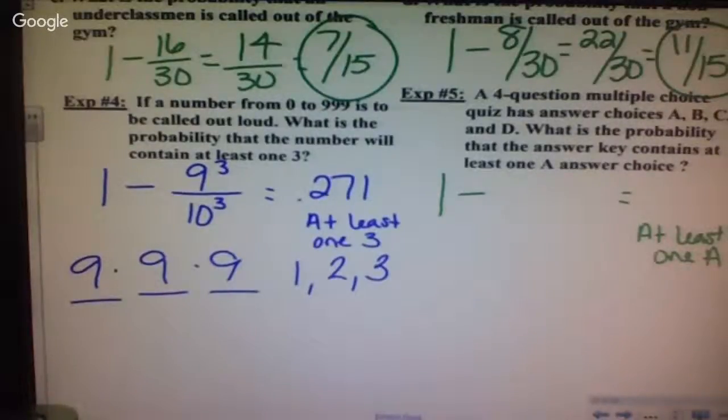Okay. So we've got 4 questions, and I want at least 1 A. 1 A, 2 A's, 3 A's, 4 A's. What does that not include? 0 A's. So my complement would be no A's. No A's at all.